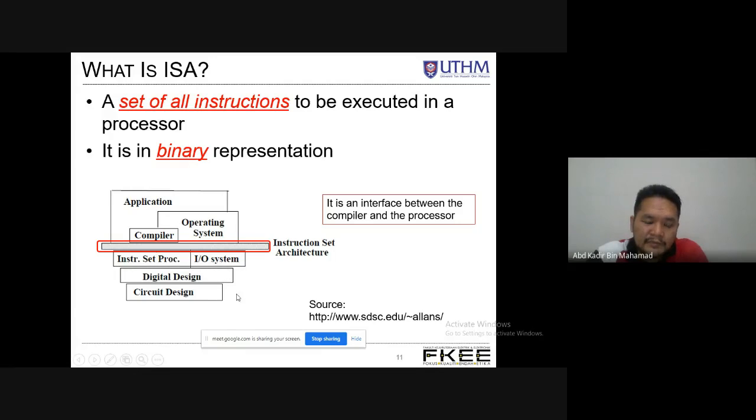This part is for the hardware: circuit design, digital design. That's why we use gates in order to perform what I call digital design, at the gate level.